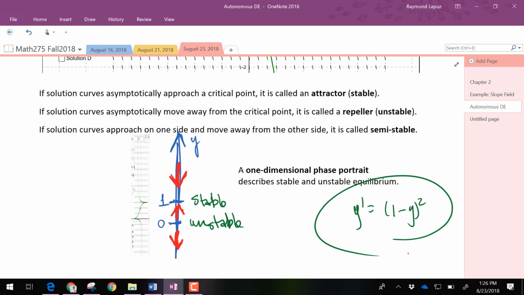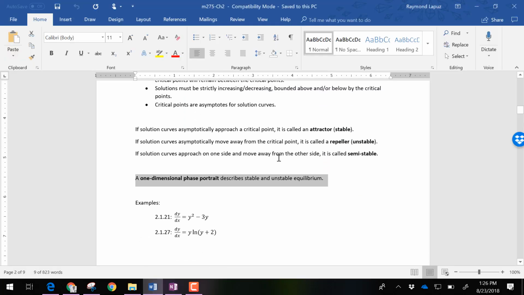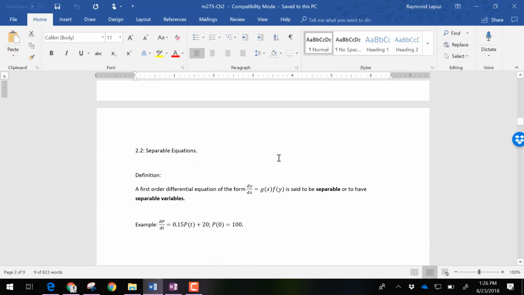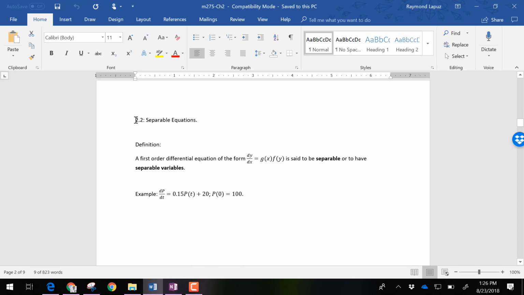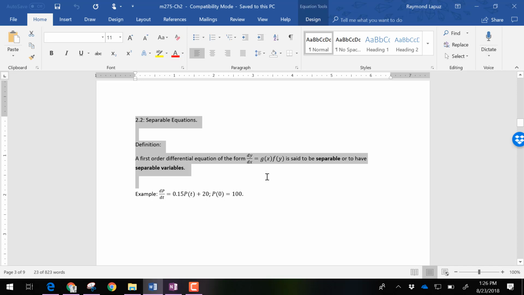Okay, so I think we're ready to move into the next section and dive into solving these differential equations. And so this is going to be our first technique, I think maybe our easiest technique.